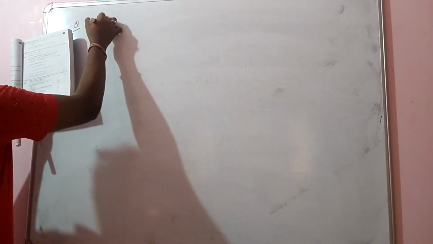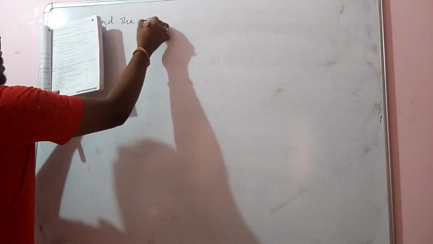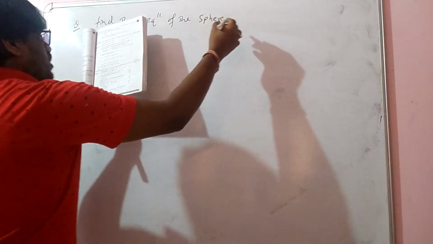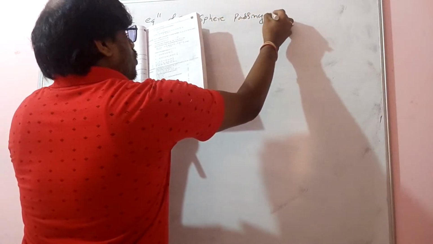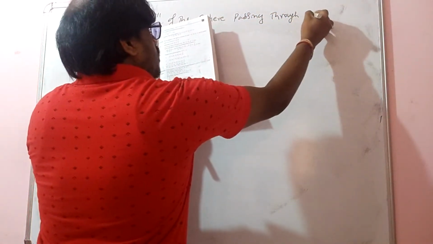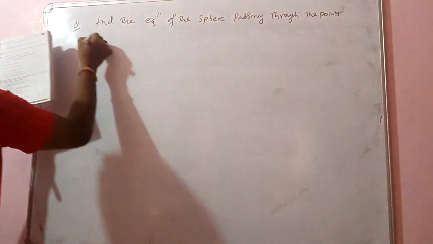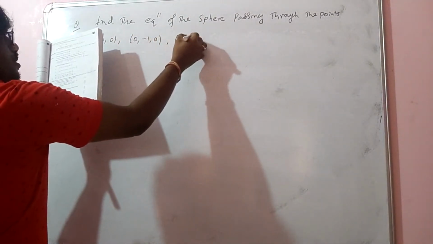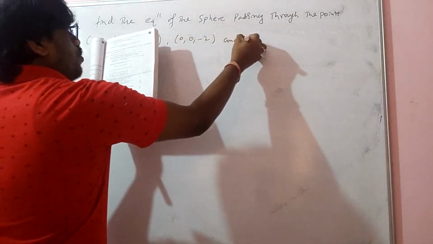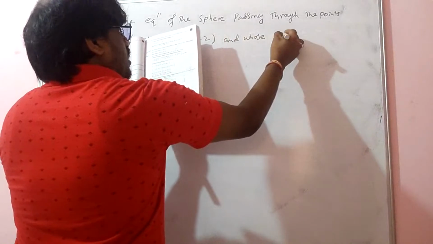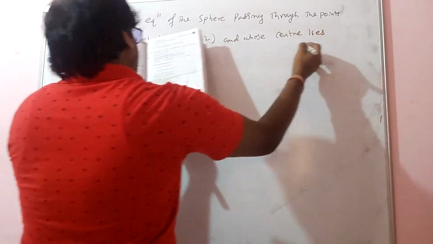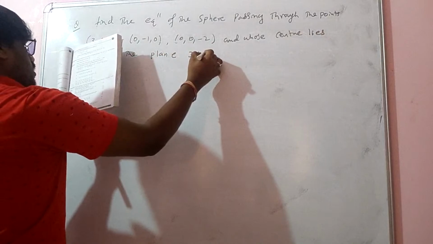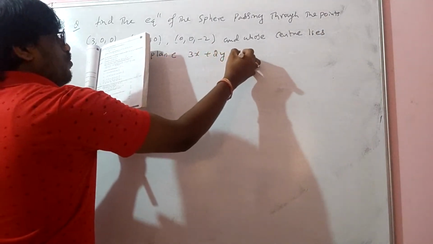The question is: find the equation of the sphere passing through the points 3 comma 0 comma 0, 0 comma minus 1 comma 0, and 0 comma 0 comma minus 2, and whose center lies on the plane 3x plus 2y plus 4z is equal to 1.